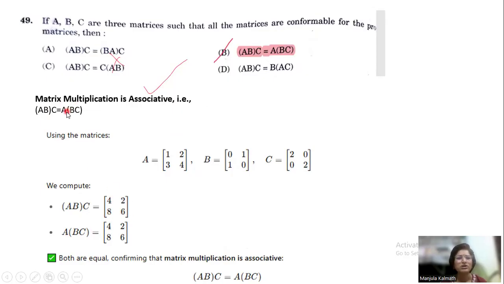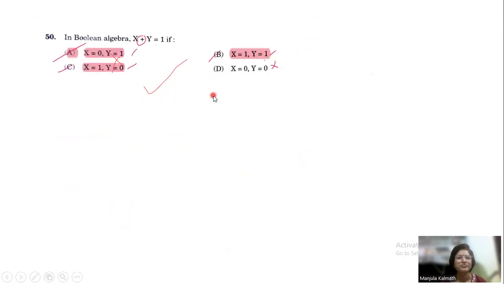And one more, we'll take the multiplication of BC, the multiplication of these two matrices, and that will be multiplied with A. Then it also comes 4286. The same answer is coming. That's why the correct answer here is AB into C equals A into BC. This is the associative property.